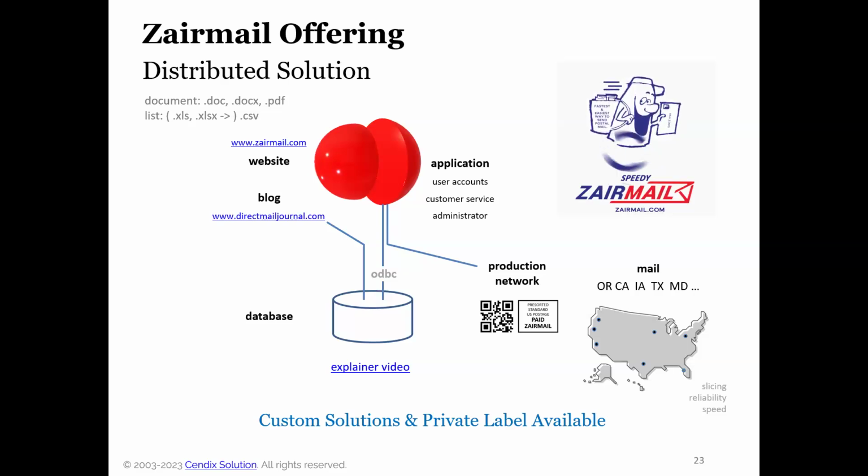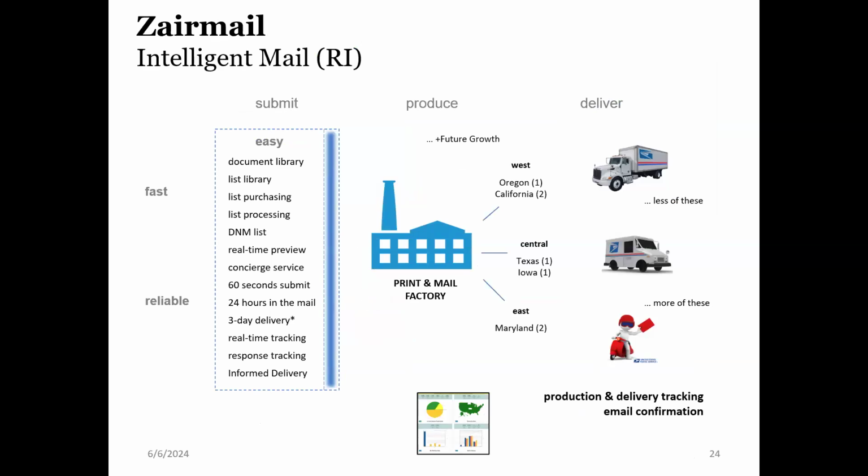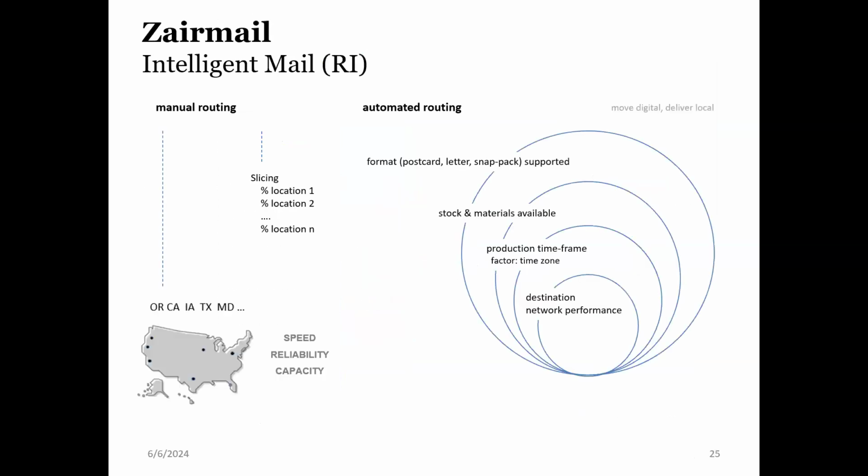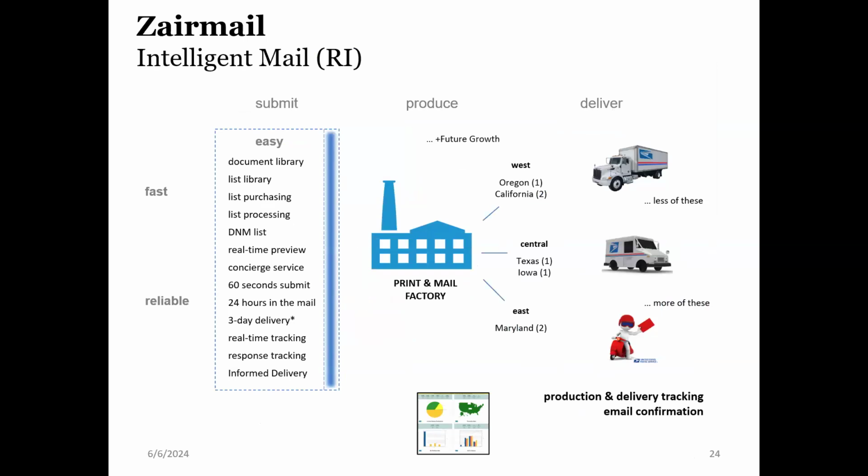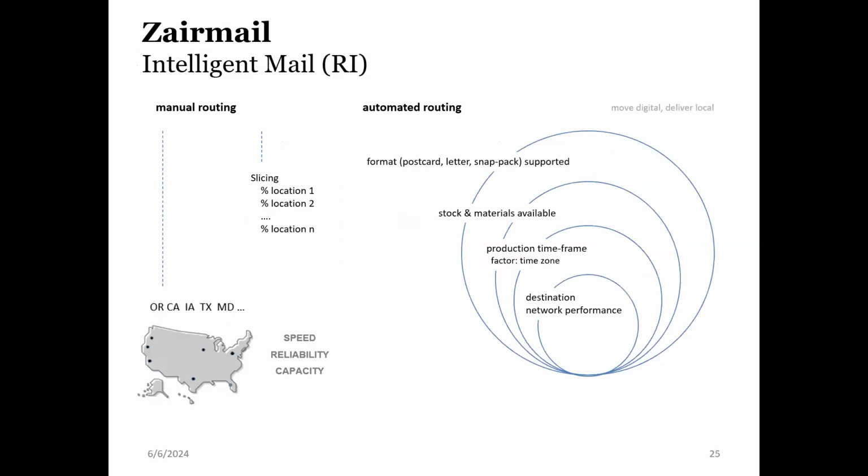We own all the software, and we've developed this tool so we can customize it any way we like. So we have this idea of intelligent mail. Once again, we have multiple delivery facilities, and we offer a whole bunch of services, but this way distributed delivery is definitely a benefit, and the email confirmation that comes with it.